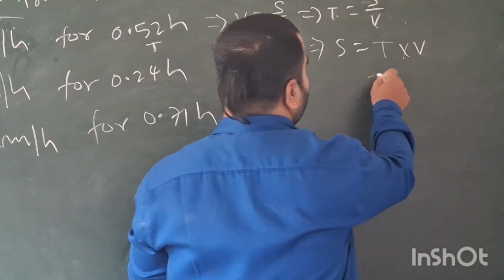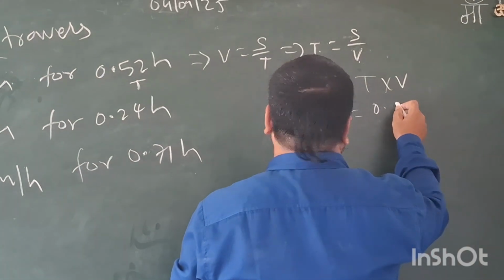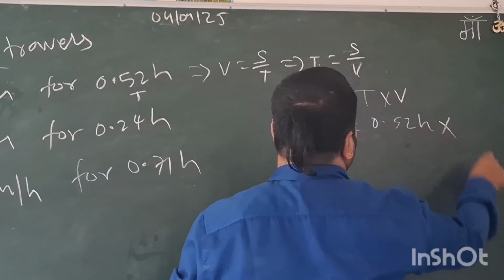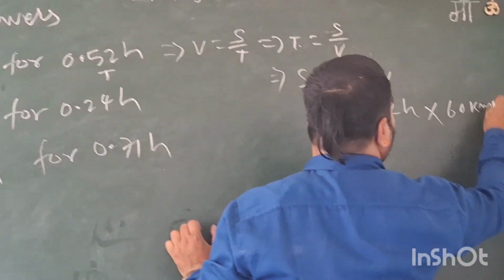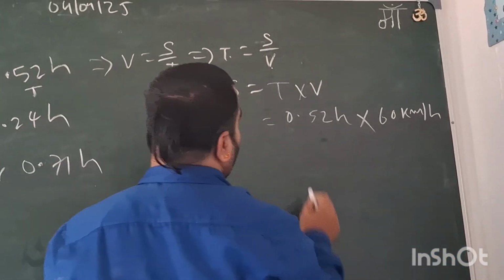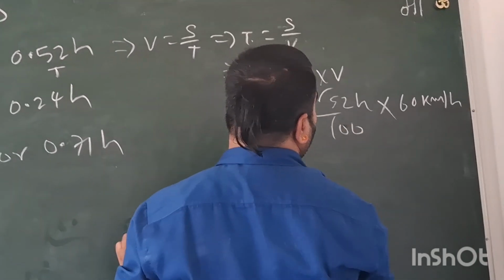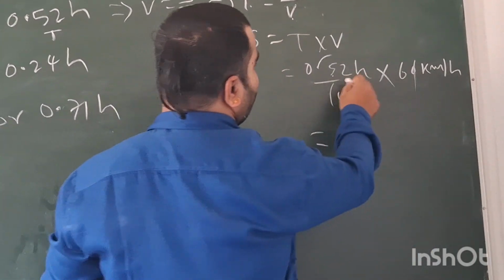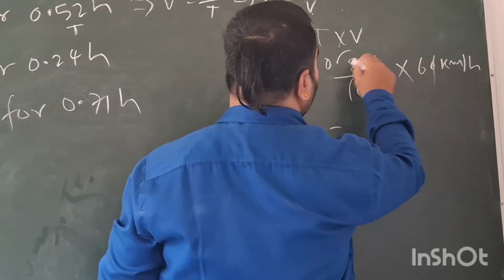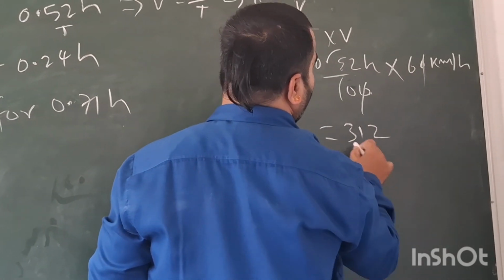So time is 0.52 hours and speed is 60 kilometer per hour. We will remove this decimal. 6 twos are 12, 6 fives are 30 plus 1 is 31, divided by 10.